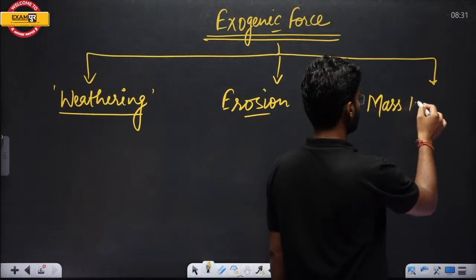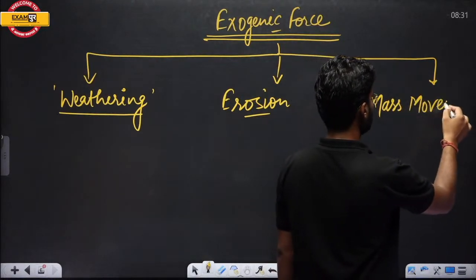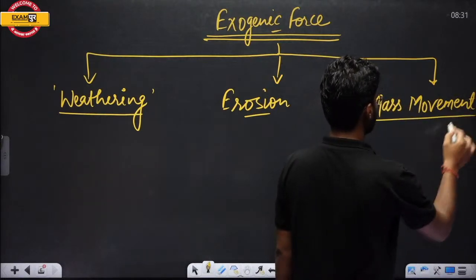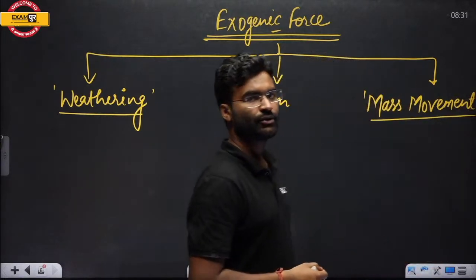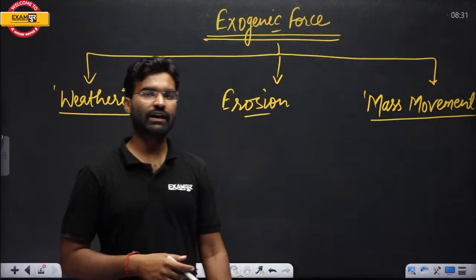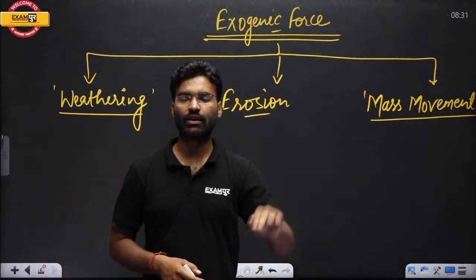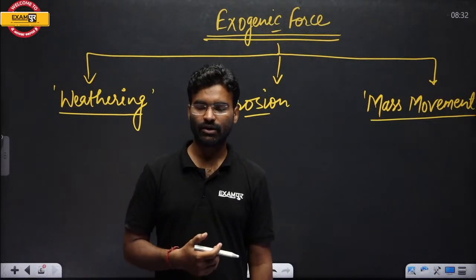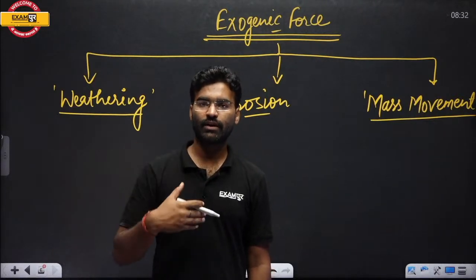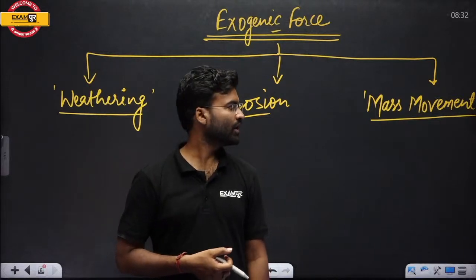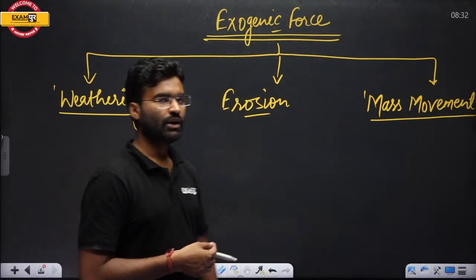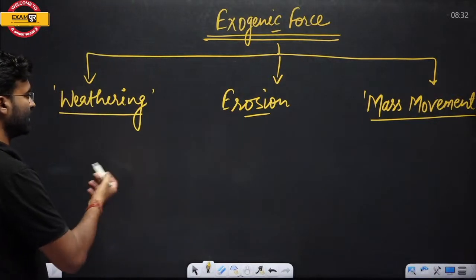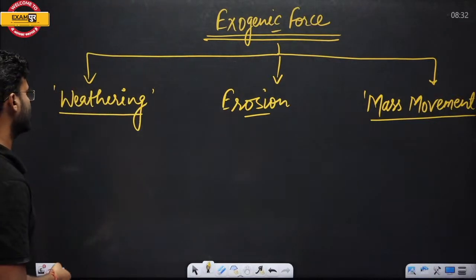Mass movement is the movement of the land surface due to the impact of gravity. If any land surface is moving due to gravity, it is termed mass movement, like a landslide or a boulder rolling. So there are three phenomena: weathering, erosion and mass movement.